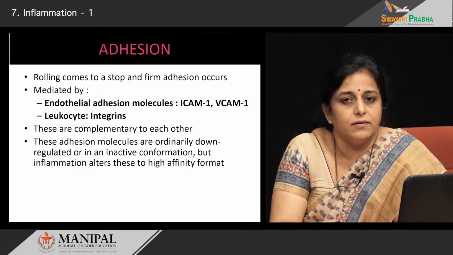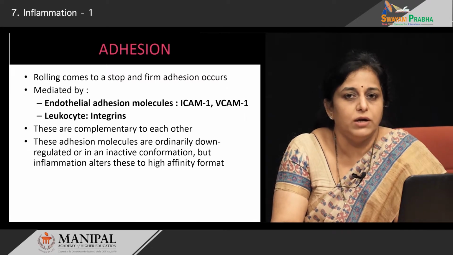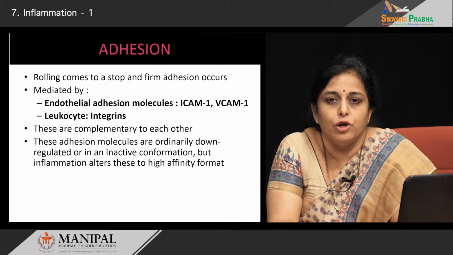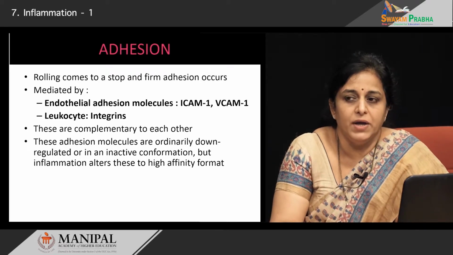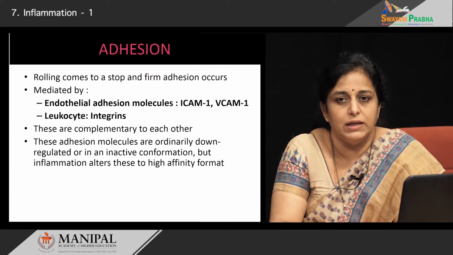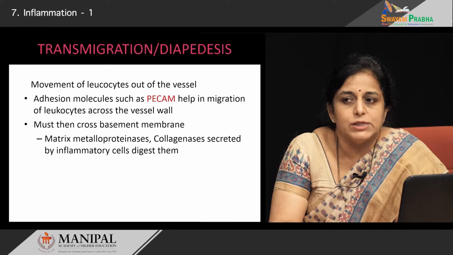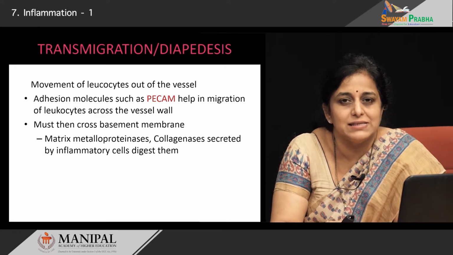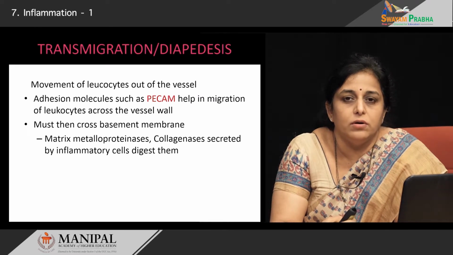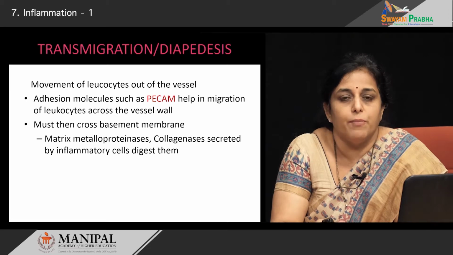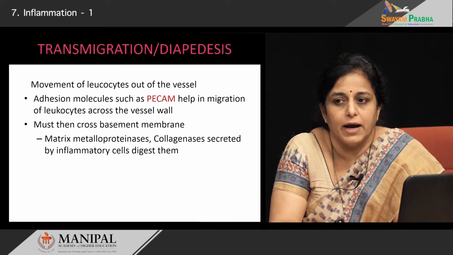Following rolling, the selectins are shed and a new set of adhesion molecules we learnt are integrins on the leukocytes and endothelial adhesion molecules which are ICAM and VCAM. This brings about firm adhesion of the leukocytes to the endothelial cells. Next, we learned that the leukocytes which are firmly adherent to the endothelial cells now try to leave the circulation and move across the endothelial cells to the tissues, a process known as transmigration or diapedesis.